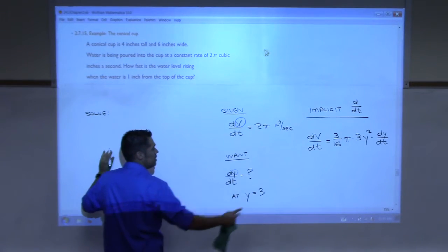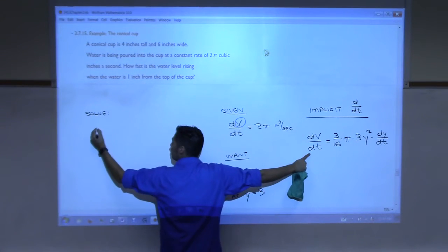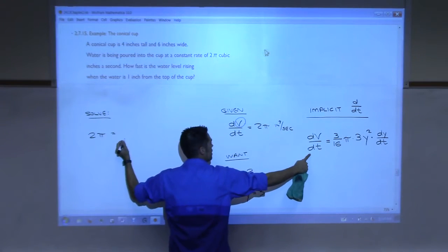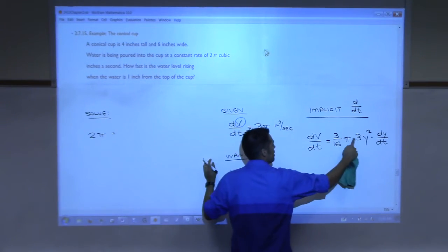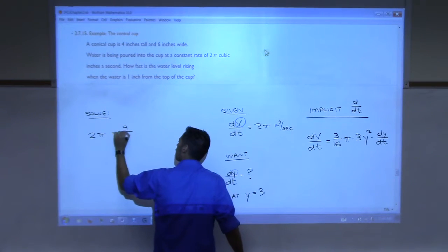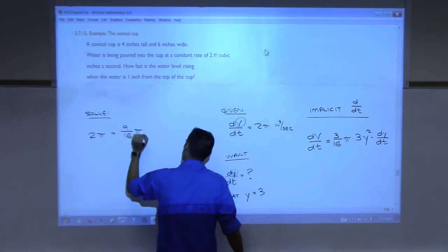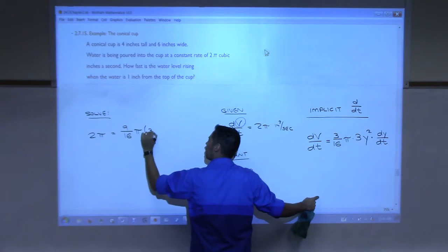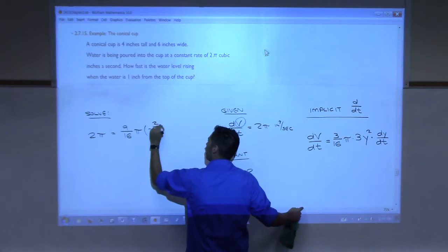All right, dv dt gets replaced with 2 pi. That equals, can I put this 3 and 3 together and make it 9? Okay, 9/16 pi. Y is 3, right? Squared.